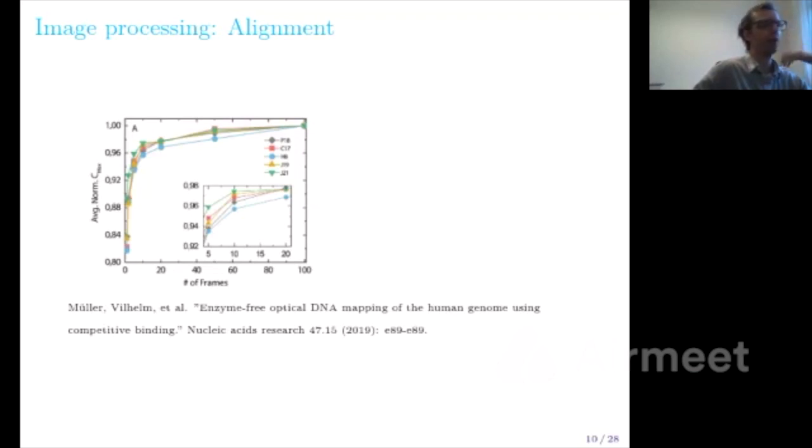We wanted to look at how much the Pearson cross-correlation coefficient improves as we take more time frames, and then we take the average. In the end, we decided that roughly 10 time frames is enough to get quite good results. Of course, the more time frames you take, the better you get, but if you take 100 or 1,000 time frames, then there's not so much of a difference anymore.